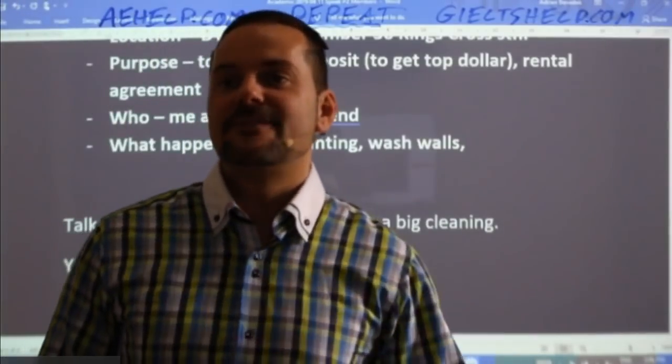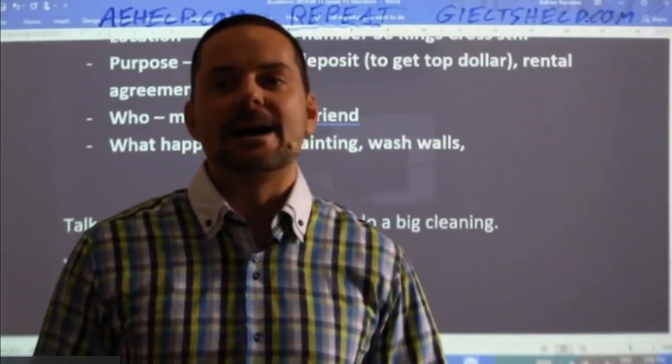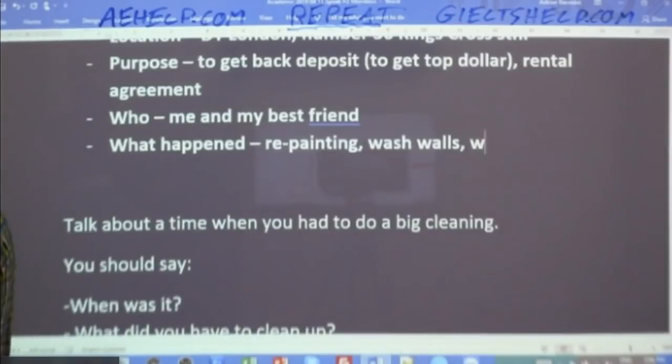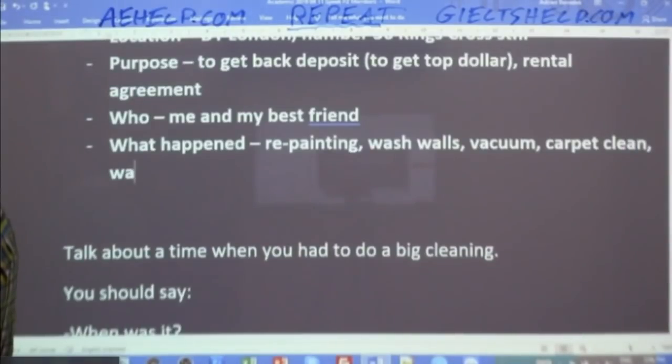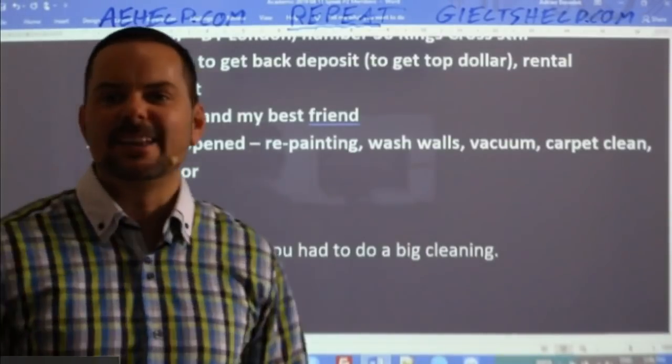Rekha says vacuum the floor, dust the walls, and mop. Yeah, absolutely. So vacuum, wash floors. So vacuum, carpet clean, right? It's a big one if there's carpets. Wash floor. Sure. Anything else?